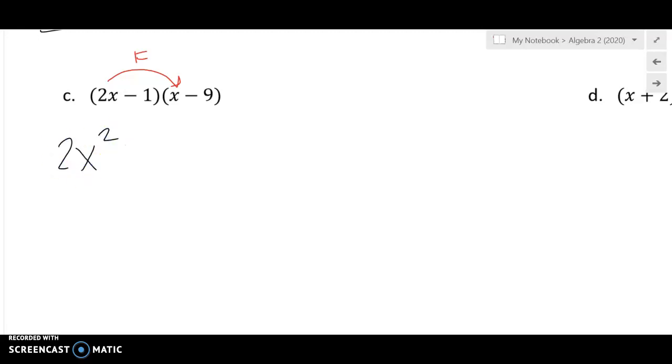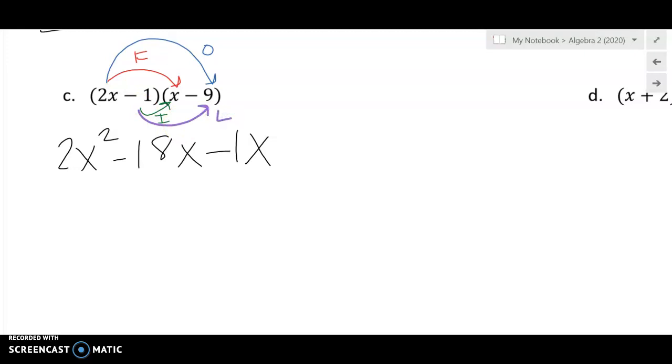Then I'm going to do the outer terms: 2x times negative 9 is negative 18x. Then the inner terms: negative 1 times x is negative 1x. Then the last terms: negative 1 times negative 9 becomes a positive 9.